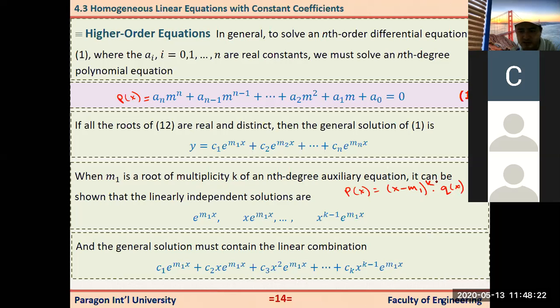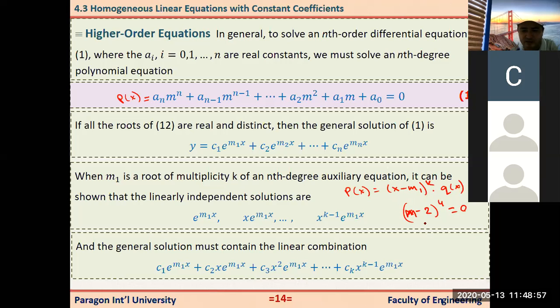Multiplicity k means I can write it as (m minus m1) k times: (m minus m1)(m minus m1)(m minus m1). We call this the multiplicity, or algebraic multiplicity. If it is 2, we call this repeated roots. If it is 4, for example, (m minus 2) to the power of 4 is equal to 0.